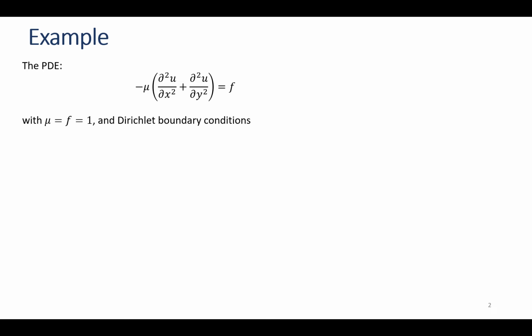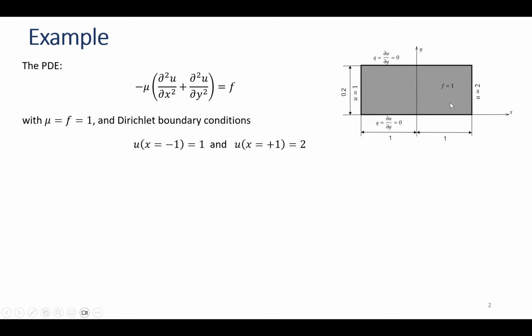And we are provided with two Dirichlet boundary conditions. On the left hand side, we have a specified value of 1, and on the right hand side, we have a specified value of 2. So just to give you a bigger picture, we have a 2D domain in the x and y plane, and our domain goes from -1 to +1 in the x direction, and from 0 to 0.2 in the y direction.